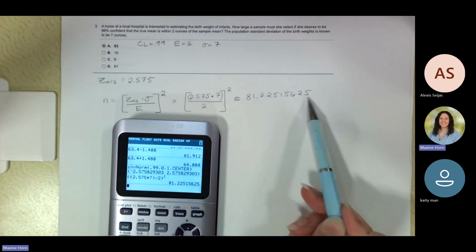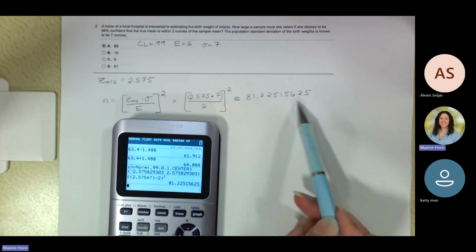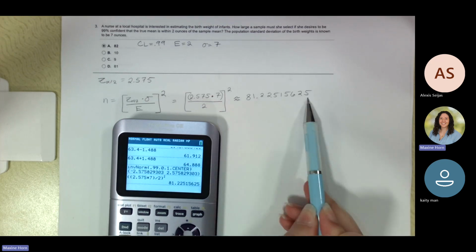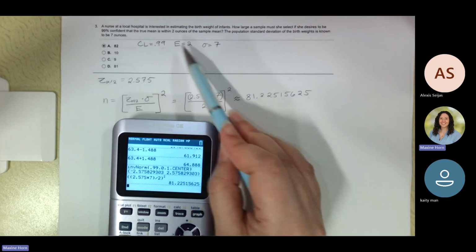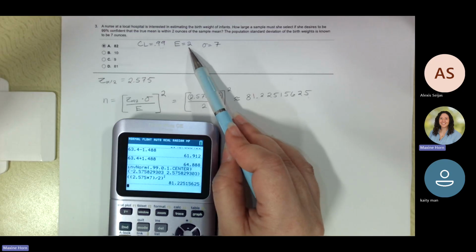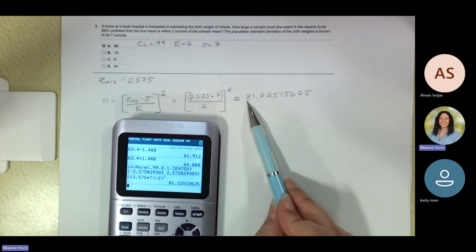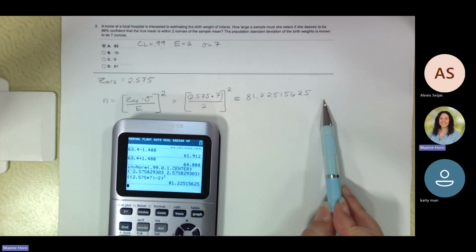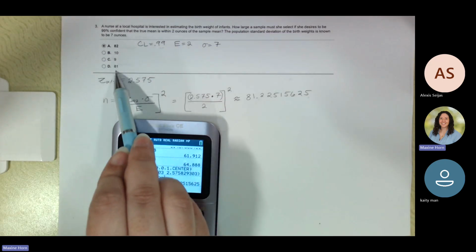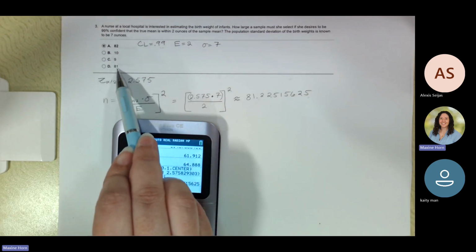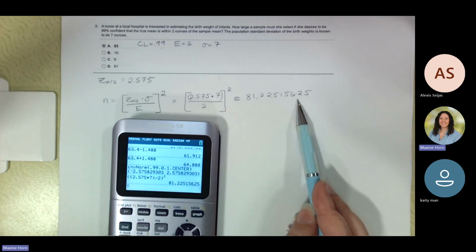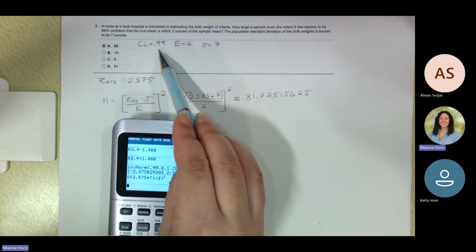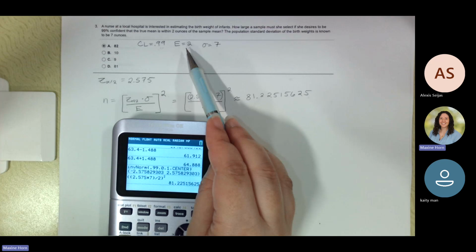So this is people. So we're not using normal rounding rules, because this is the threshold of how many people I need to have in my sample in order to actually be 99% confident that I only have a margin of error of 2. So if I need 81.22 blah, blah, blah people, and I only include 81 in my survey when I needed a little bit more than 81, then I'm not going to be that confident, or my margin of error is not going to be that small.